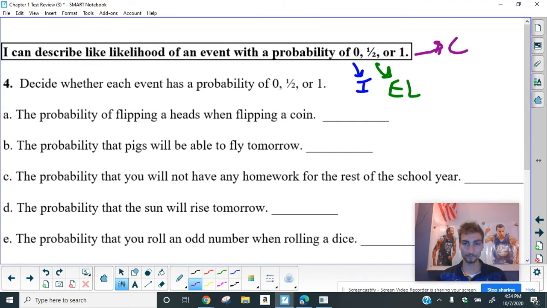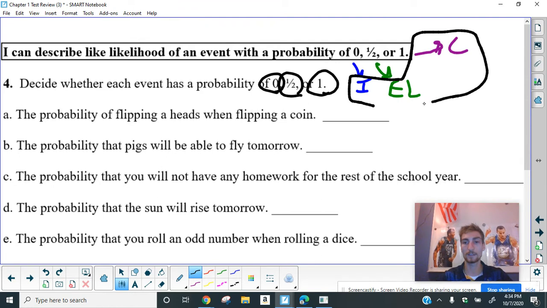So first, we're going to take a look at what we need to put in these blanks. And we're going to put 0, 1/2, or 1. Okay? So even though these are the meanings, I'm going to put these in the blanks. So the probability of flipping a heads when flipping a coin, well, that would be 1/2, or equally likely.